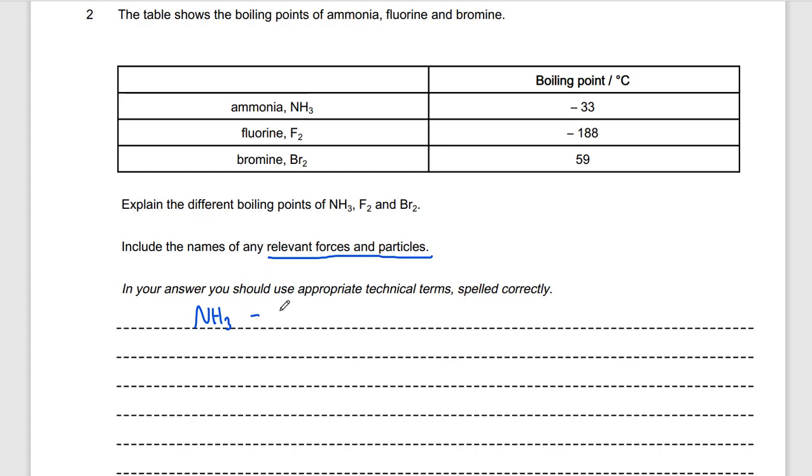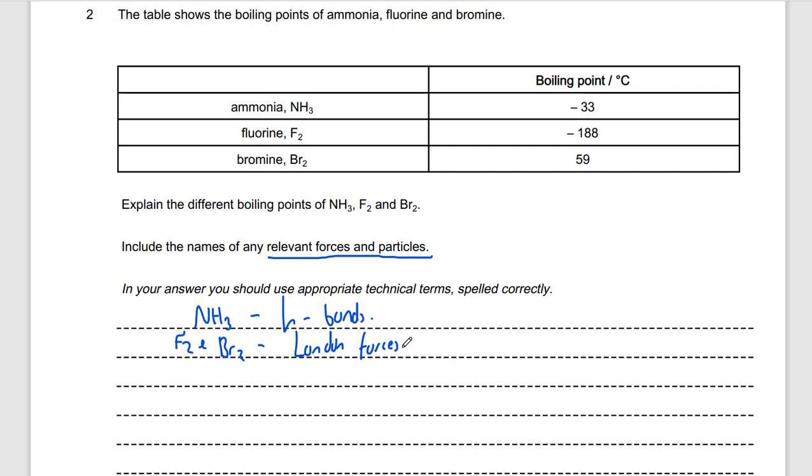Nitrogen is electronegative enough for hydrogen bonding, so NH3 has H bonds. Fluorine and bromine are just halogen elements. They do not have permanent dipoles. They certainly don't have hydrogen bonding. So that means that F2 and Br2 both have London forces. That'll get you 2 marks immediately because you've stated the forces for each one.